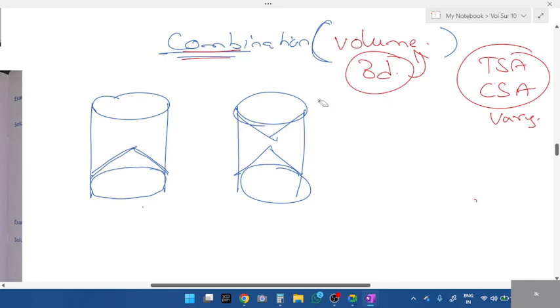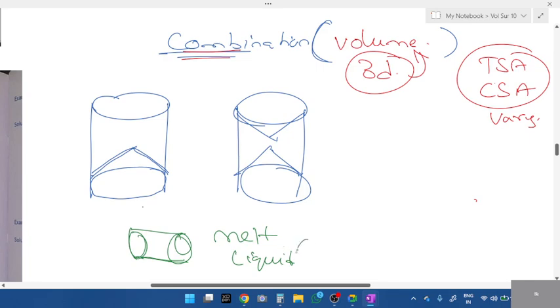Combination question, whether it is combination or conversion. See, they'll give you a cylinder like this. This cylinder, you have to melt it. Once you melt, it becomes liquid. Whenever you melt, it becomes liquid.